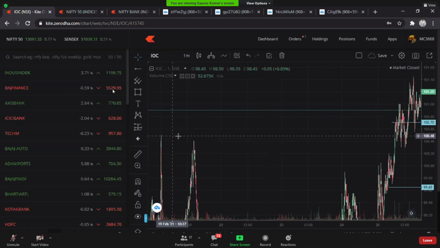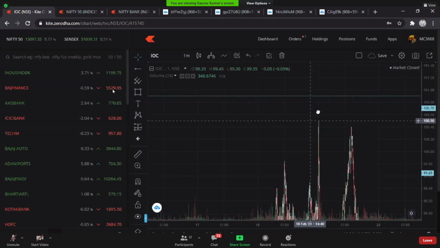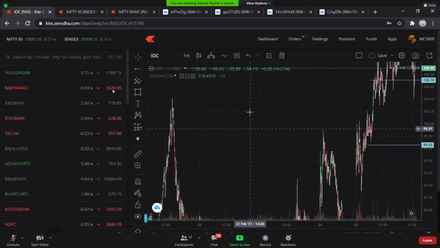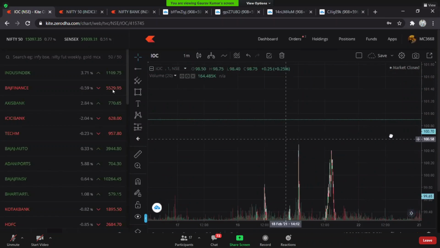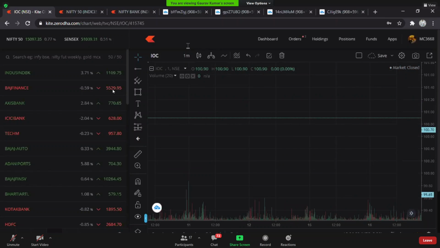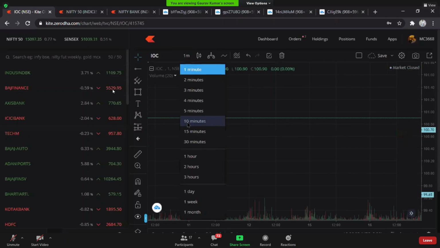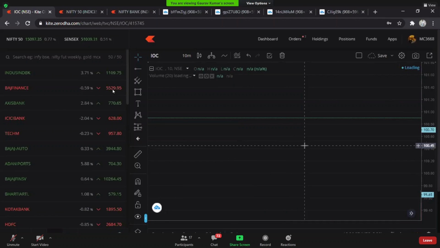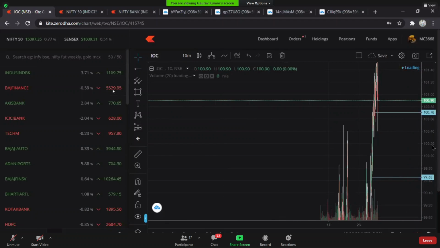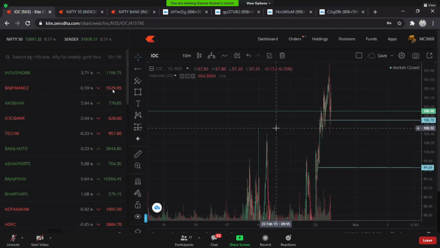The reason is the stock had formed some rejections here, or before that time also. So here also, below it, could have been our SL.